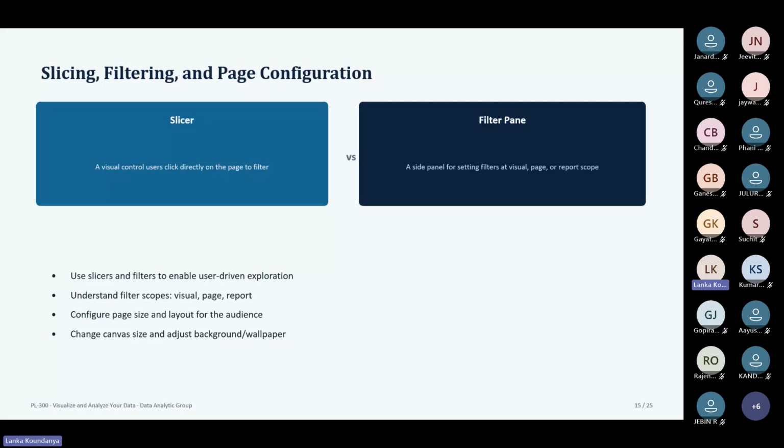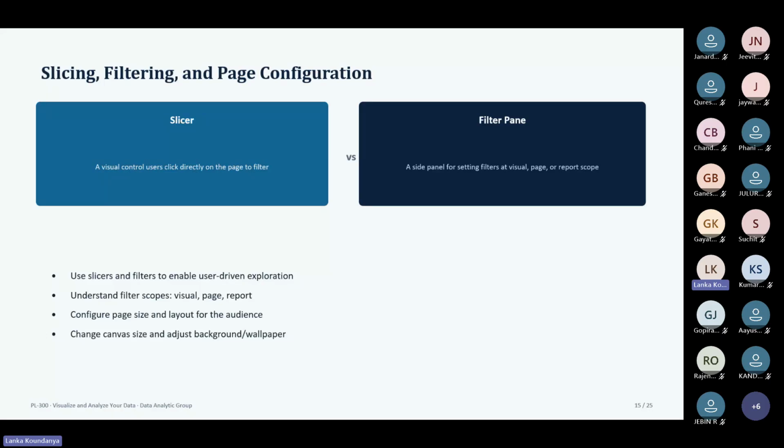A slicer is something, after preparing the report, which will be handled by the user. It is a visual control where users click directly on the page. Whenever you prepare a report, the data is already prepared with some filters that you have provided. For example, we can take the previous example.